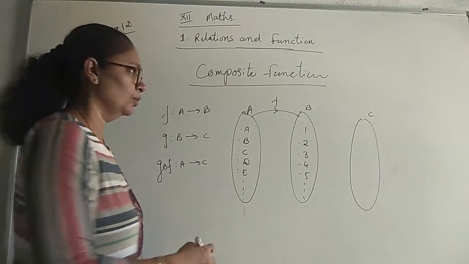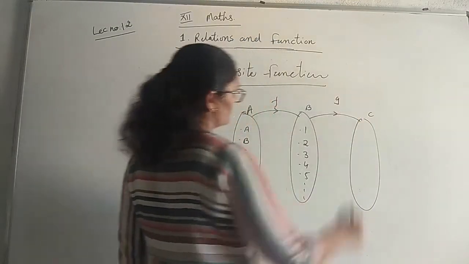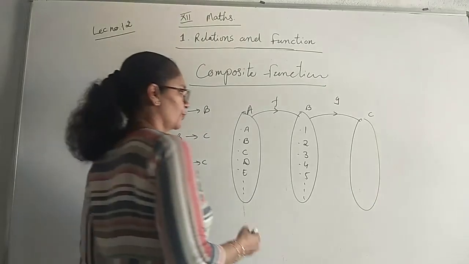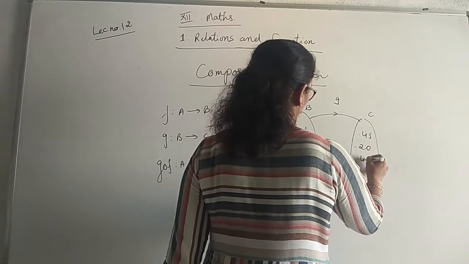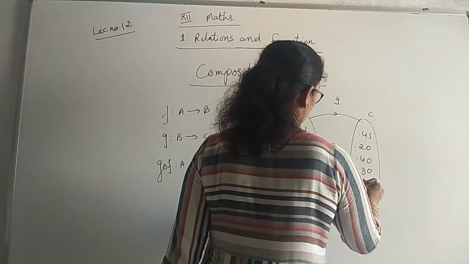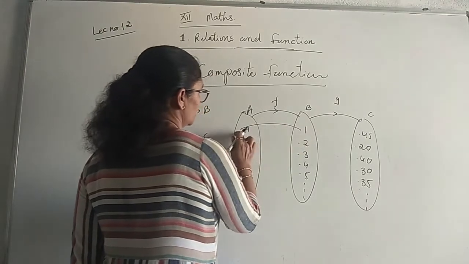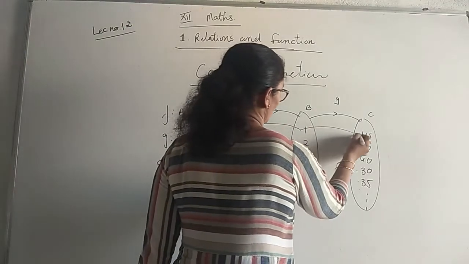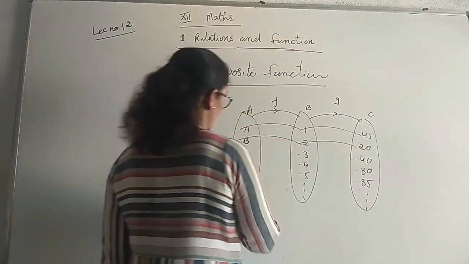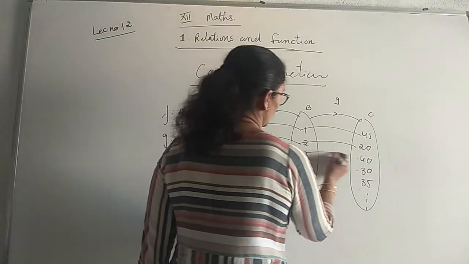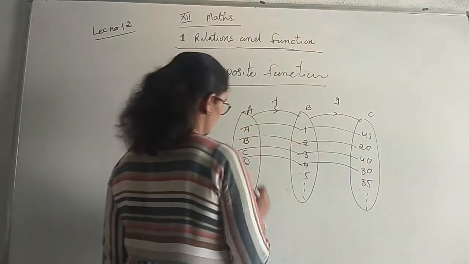Now another function from B to C is your function g, in which I show your marks: 45, 20, 40, 30, 35 and so on. So A to 1, 1 to 45, B to 2, 2 to 20, C to 3, 3 to 40. Roll number 4, marks 30.